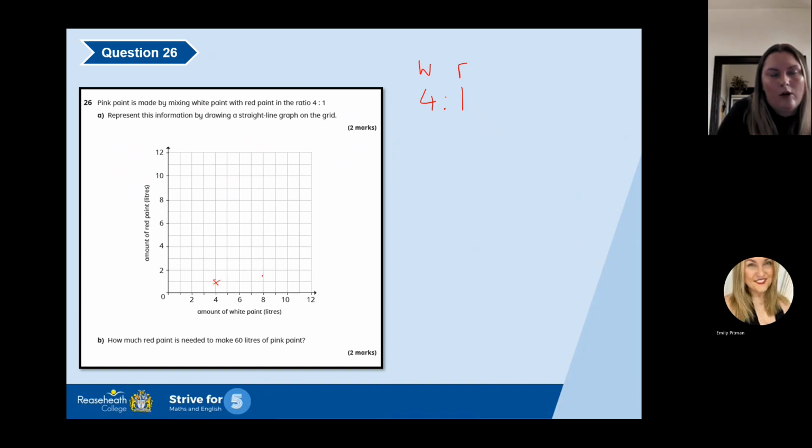Now, if we just made up some more paint, how much more would I have? So let's go with doubling it. So I can then do 8 and 2. And I'm going to go up again. So I'm going to do 12 and 3.